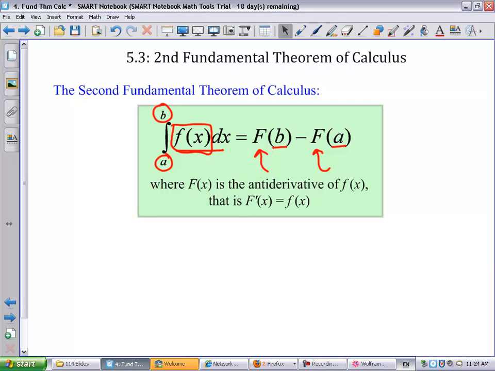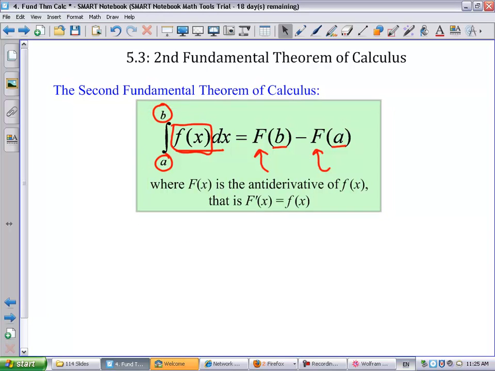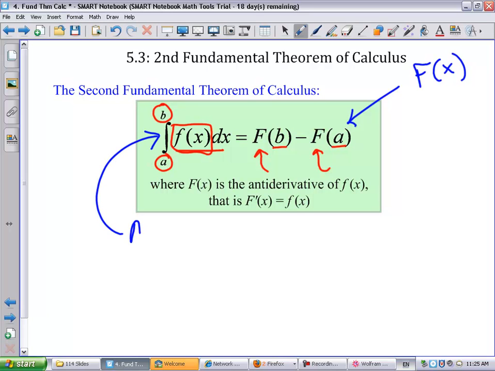Okay, so this antiderivative here, capital F of x, is one antiderivative of little f, but we know another one, right? We also know capital A of x. That's another antiderivative.